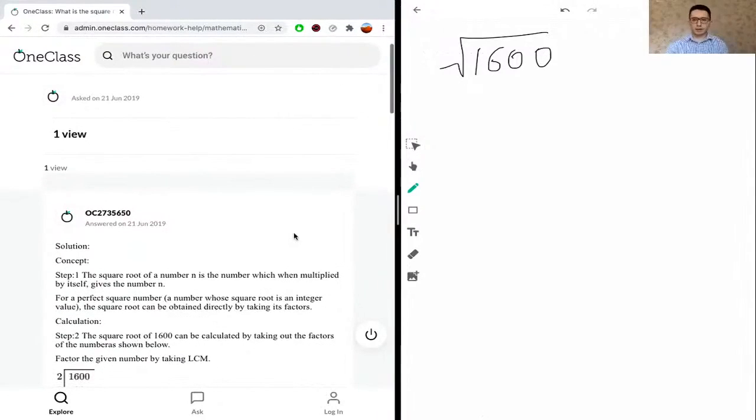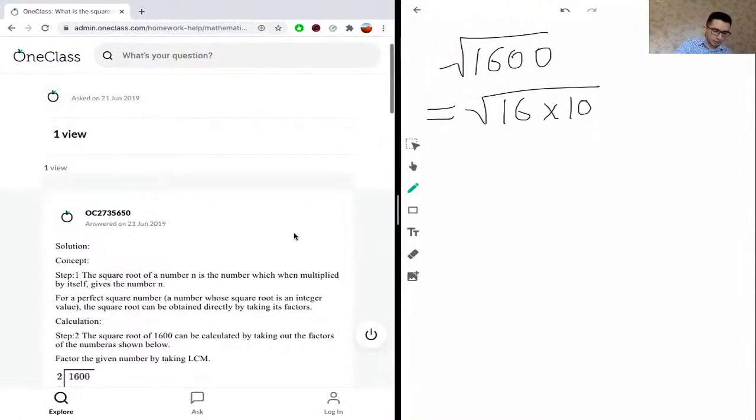So here we can start off by thinking of ways to get the factors. Always when you have zeros in a large number, just start off with those. Those are the easiest. So we know that 1600 can be split up into 16 times 10.